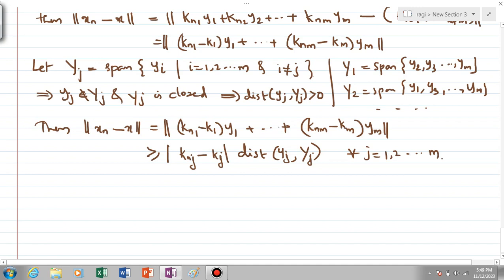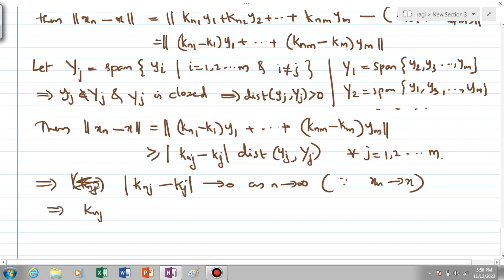Okay, and the distance of yj from capital Yj is greater than 0, and this means that modulus of knj minus kj tends to 0 as n tends to infinity, since xn converges to x.